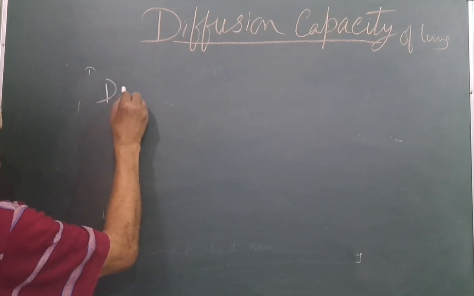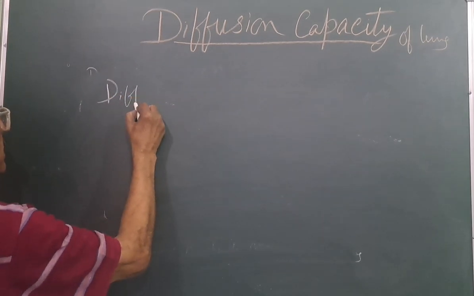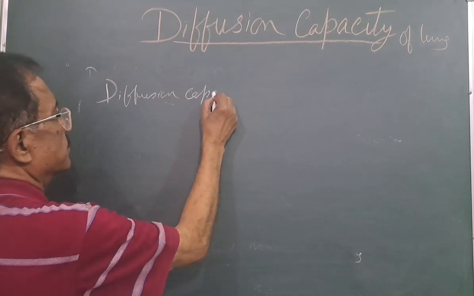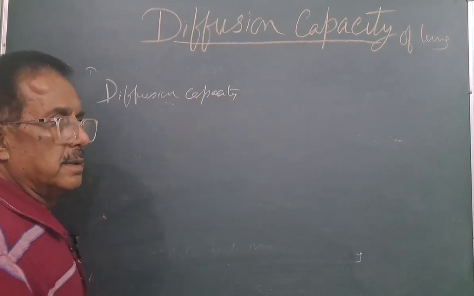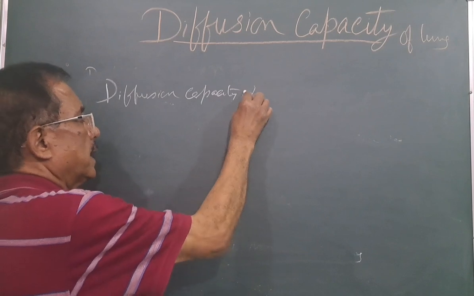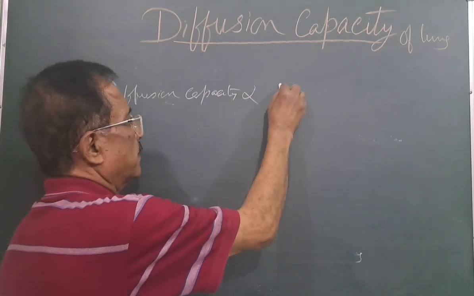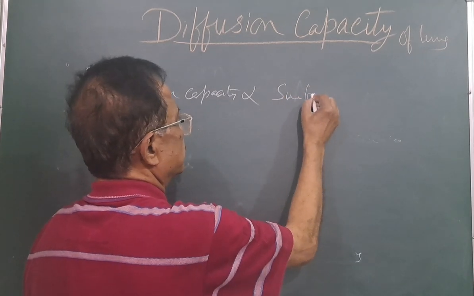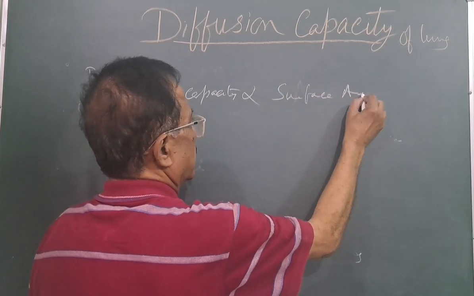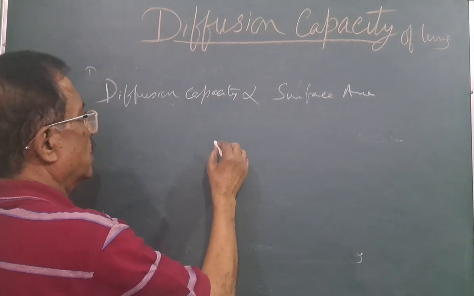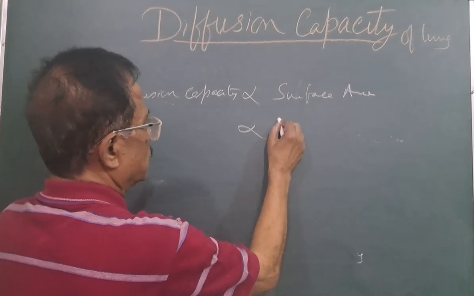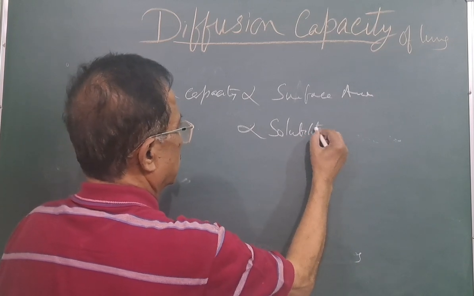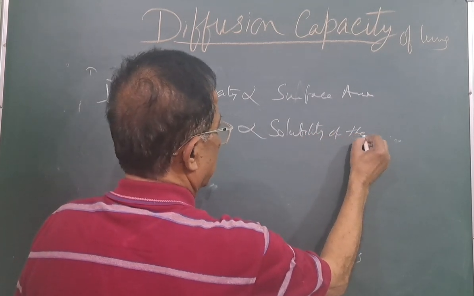So diffusion capacity is directly proportional to surface area and solubility of the gas.